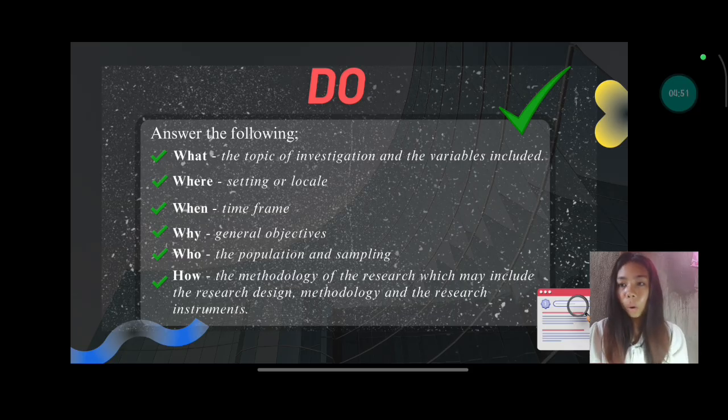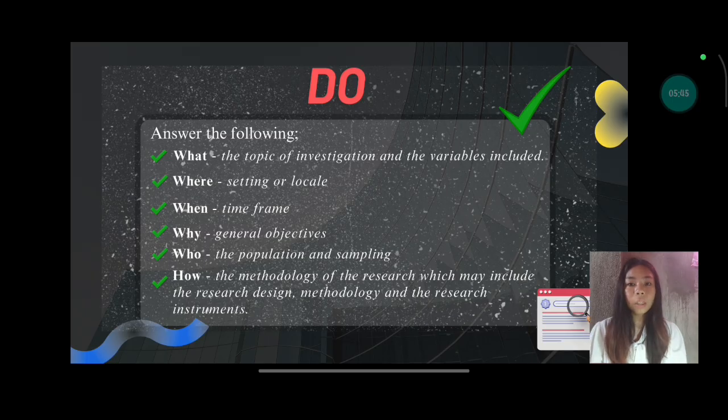And next is who, the population and sampling. Who are going to be included as respondents and who are not. And of course, how to do your study. And next is how, the methodology of the research, which may include the research design, methodology, and the research instruments. Meaning, you need to mention here how to do your research.